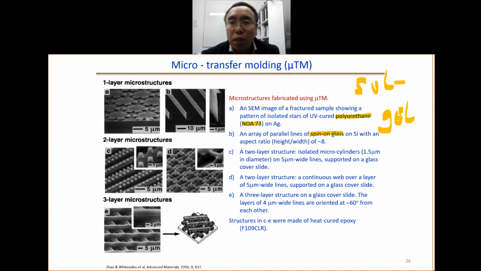First we have this liquid. Then when it gets annealed, it becomes a solid, it becomes a glass. The CDE is the heat cured epoxy. So those materials here are epoxy. This one is a 2-layer pattern. This is also a 2-layer pattern. This one is a 3-layer pattern.